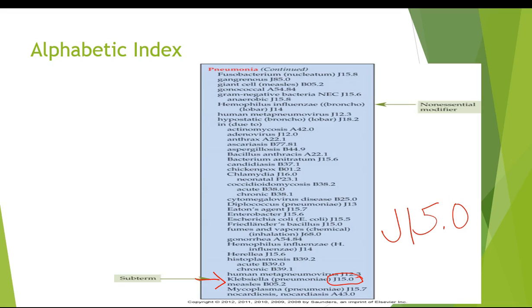So your next step is to move back to your tabular list. Read J15.0. Make sure there's not any other instructional notes. And then you're going to assign J15.0.